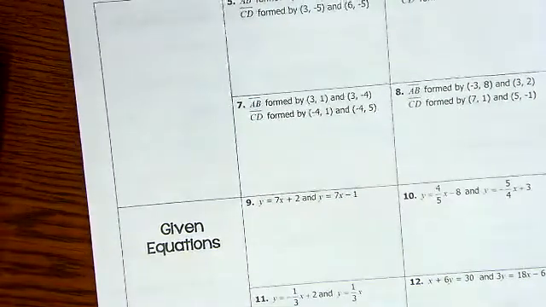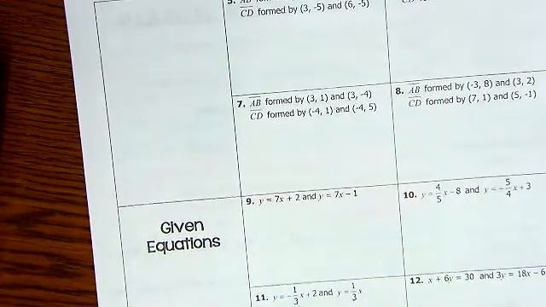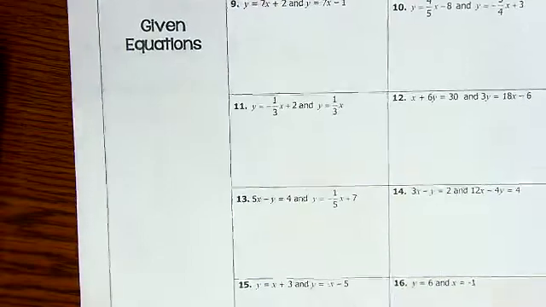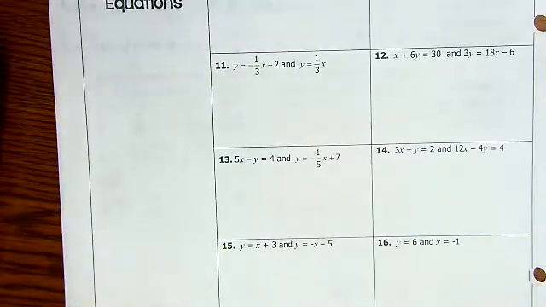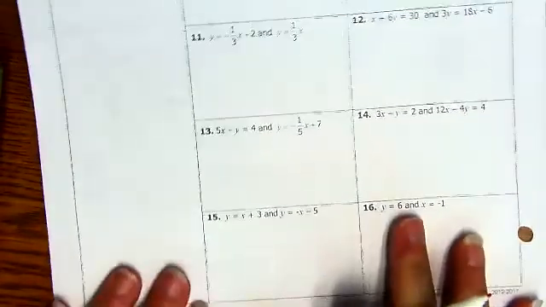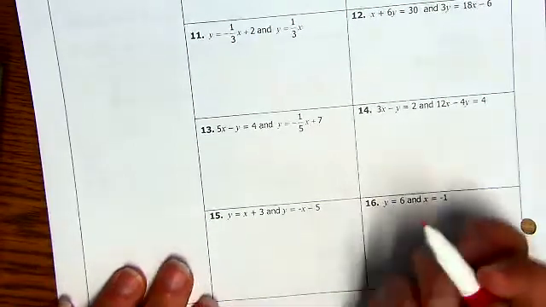Let's look at 13 and 15. For these, we're giving equations. Excuse me. So we need to determine from there what the slopes are. Well, with number 13, it's not given to me. I have to rearrange to slope-intercept form.